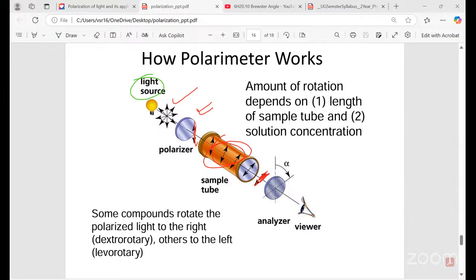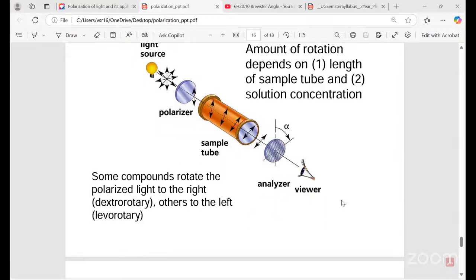The other polaroid is used as an analyzer. Getting my point? The same polarizer here, and there is an analyzer, so that the horizontal again becomes vertical, but the intensity is very less, and the observer can easily observe it.